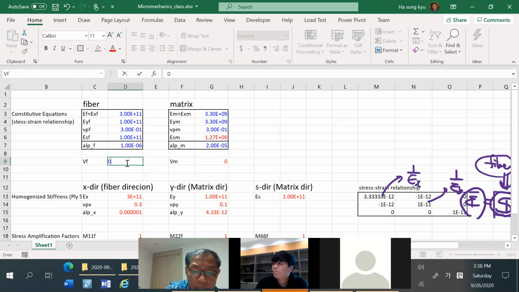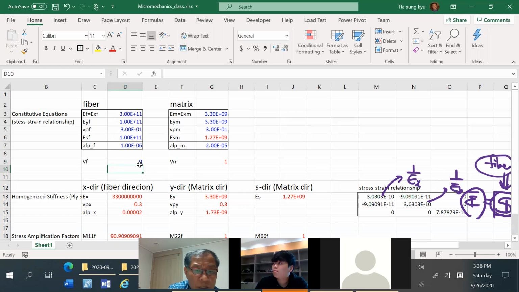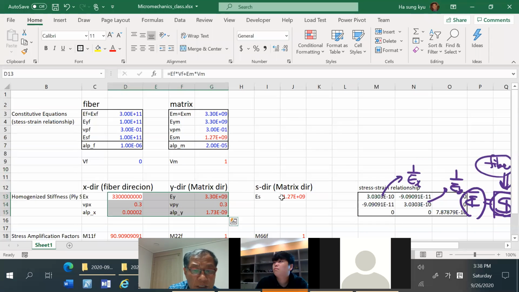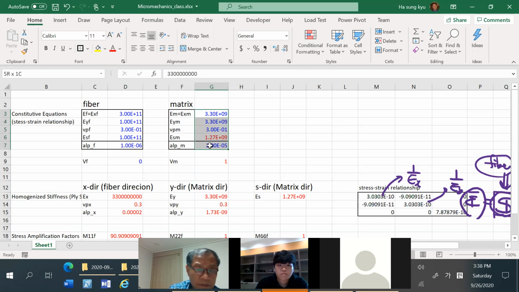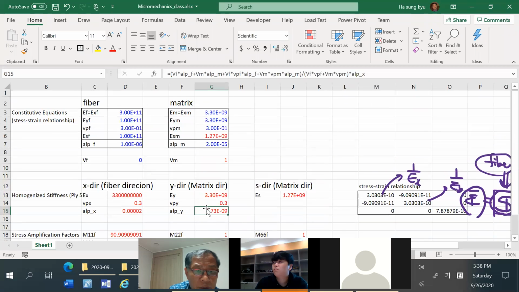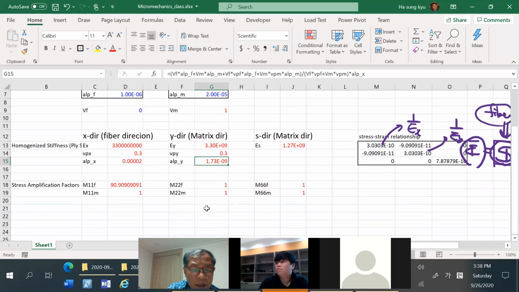And if this is 0, all the composite becomes nothing but the matrix, and all the properties will be the same as the resin system. Alpha x will be the same, but again, this one has some exceptions, which we will cover next time.